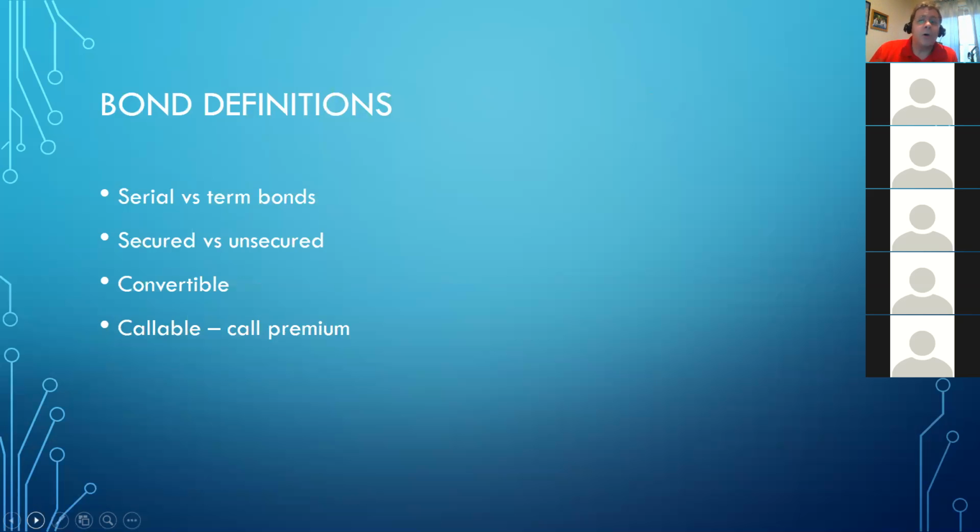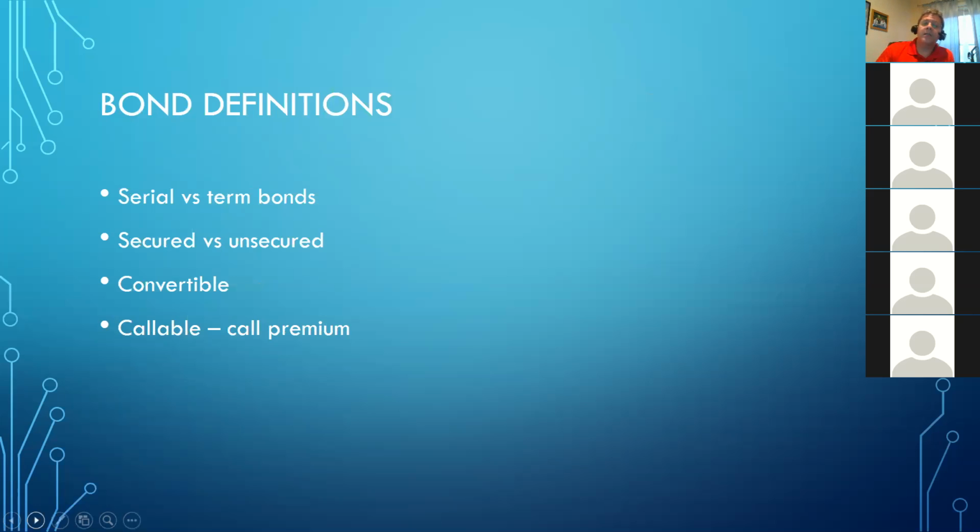Okay, so some definitions: serial versus term bonds. Serial bond, you pay off how much you owe a little bit at a time. Term bonds, you pay only interest and you don't pay back any of the principal until the end. So a serial bond's more like a mortgage or a car loan that you're used to.